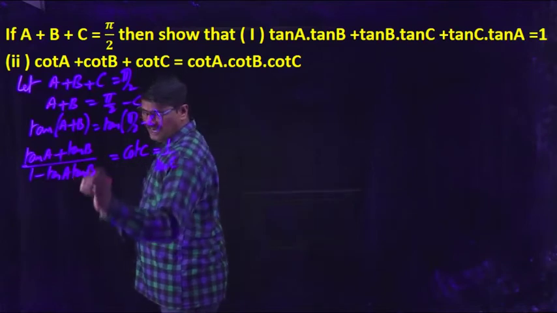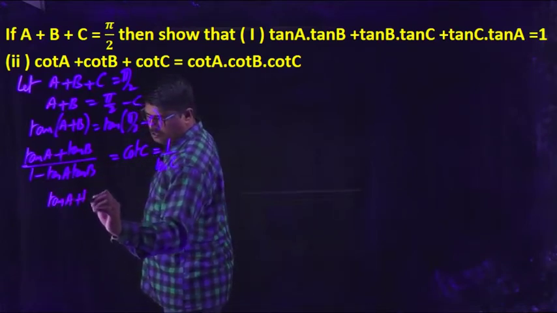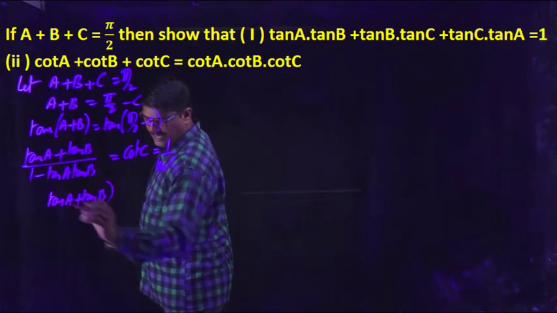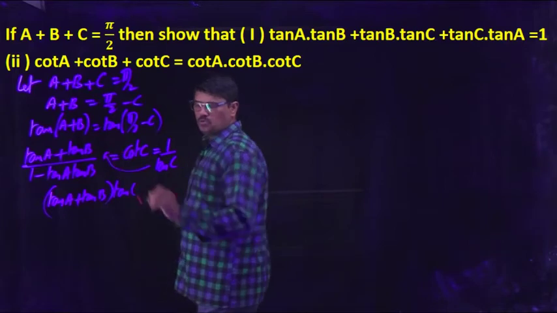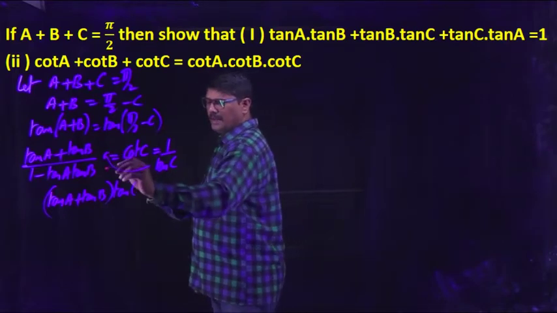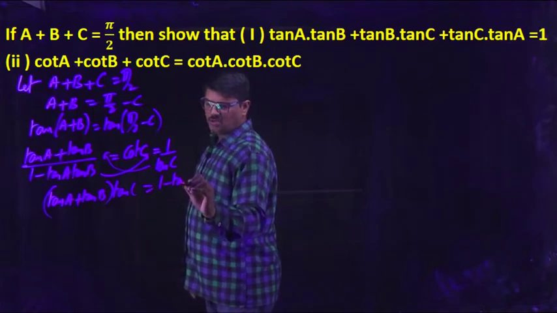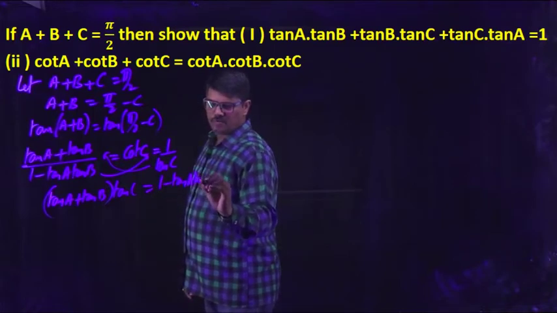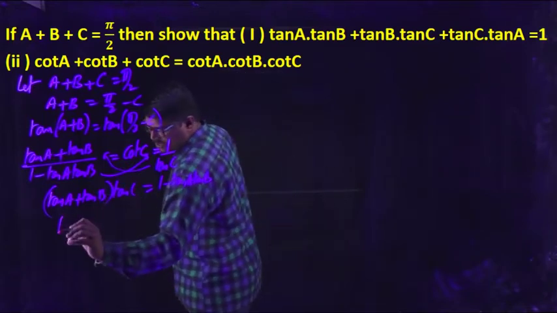So cross multiplying to the next step, it will become tan A plus tan B into tan C. Taking this tan C to numerator and multiplying this denominator to numerator, which will become 1 minus tan A into tan B. Now simplify this one, you will get the condition.